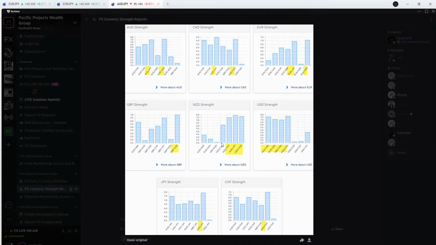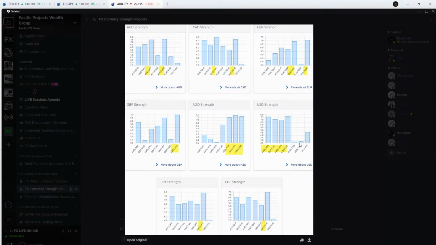In other words, if you put a trade on here, it would go nowhere because there's no strength in it. So this report allows you to identify which ones to stay away from.